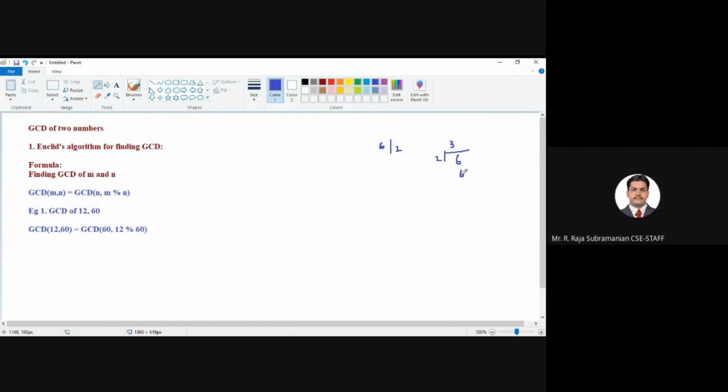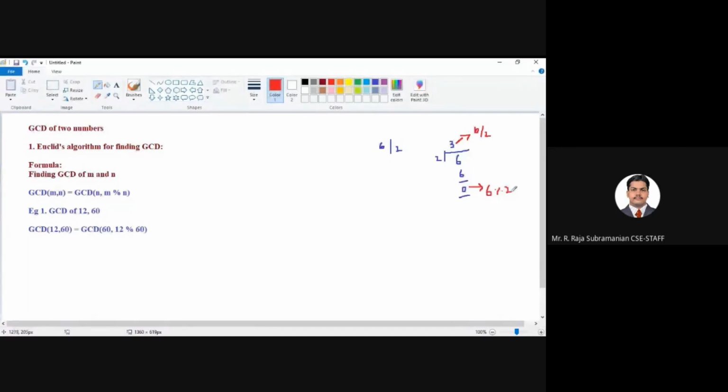I put 3 on top and the remainder 0. The upper portion is called the quotient, so 6 divided by 2 gives the quotient. And the remainder is 6 modulo 2.